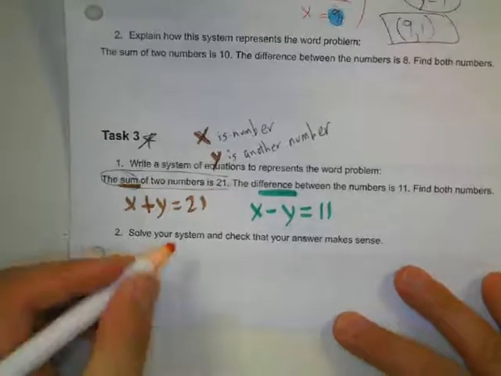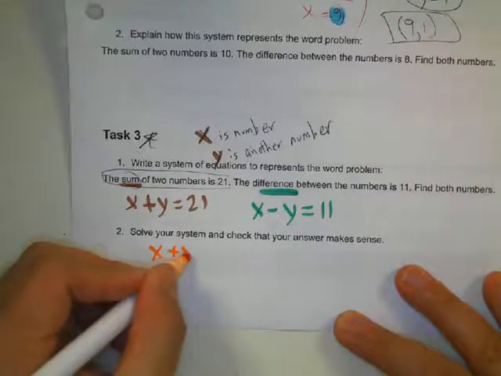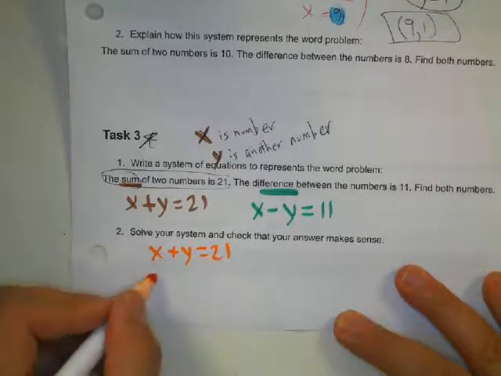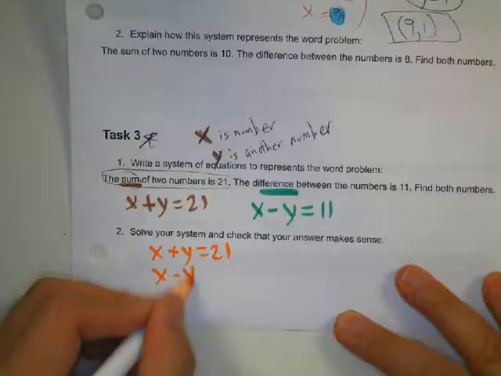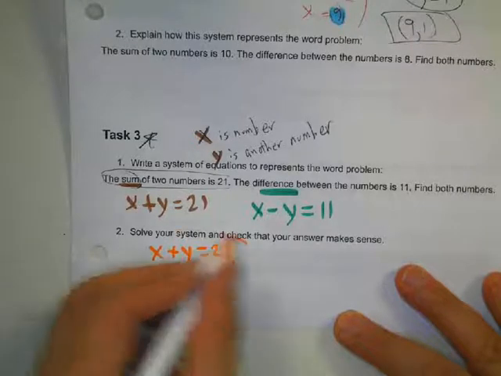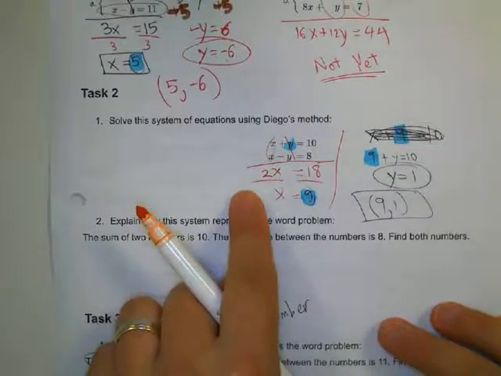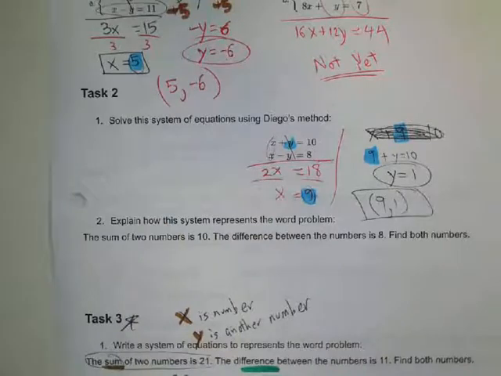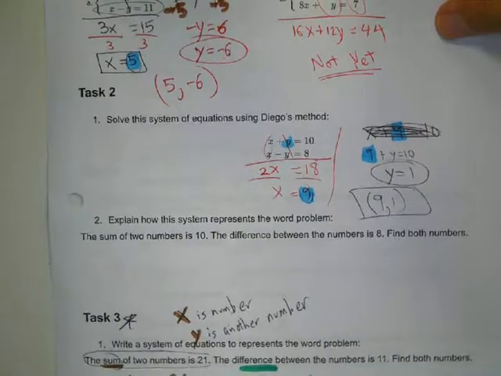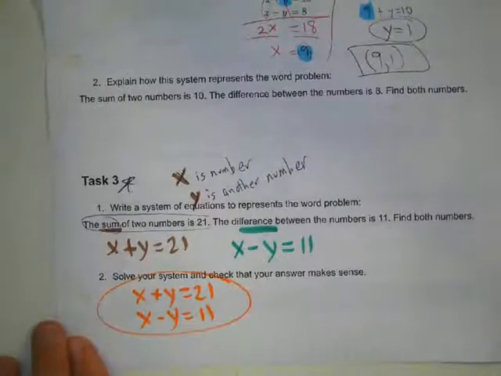I have x plus y equals 21. I have x minus y equals 11, and then you will get the two numbers. Same type of method as what we did in this problem here. Okay, hit pause and copy down what you need to for your notes to help you understand how to do this.